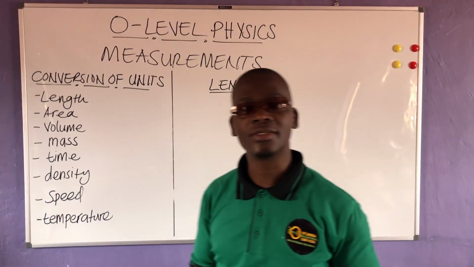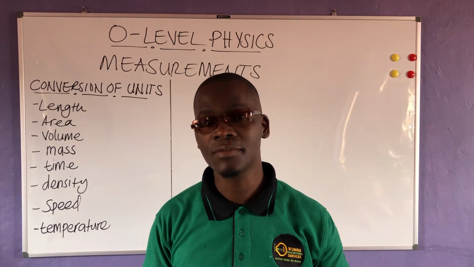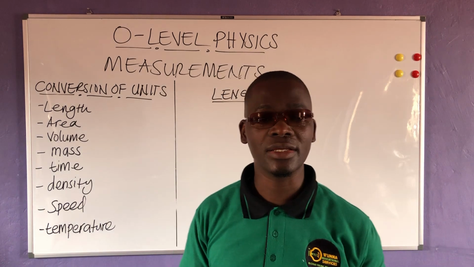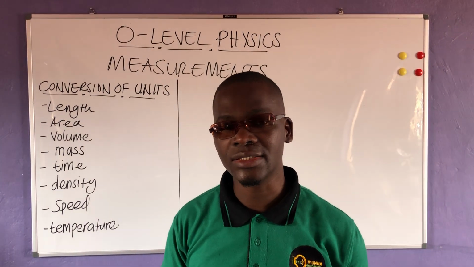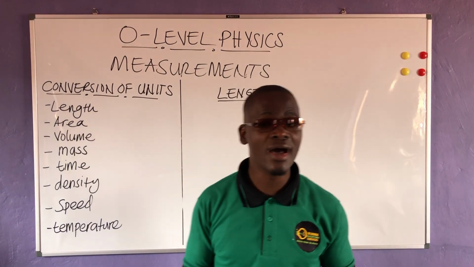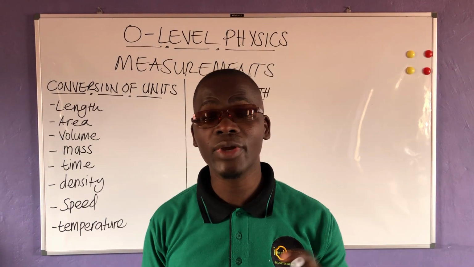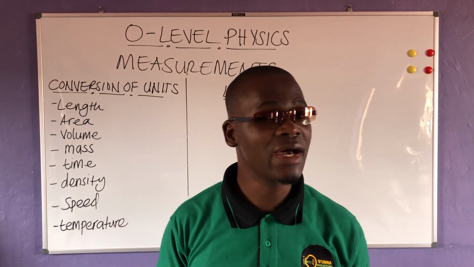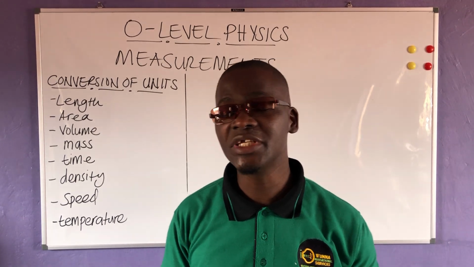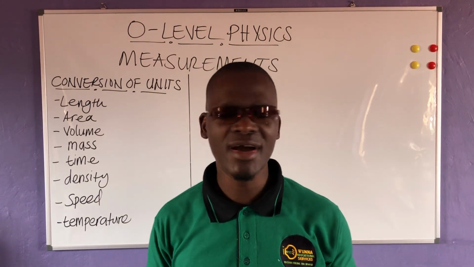Length is defined as the distance between two fixed points. Length is measured in meters as the SI unit. However, besides meters, we also have several other units of length, which include kilometer, hectometer, decameter, centimeter, decimeter, millimeter, feet, inches, among others.